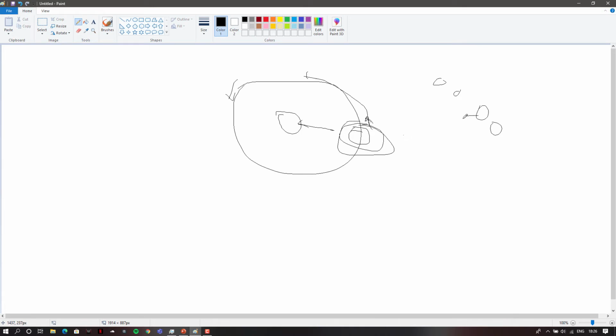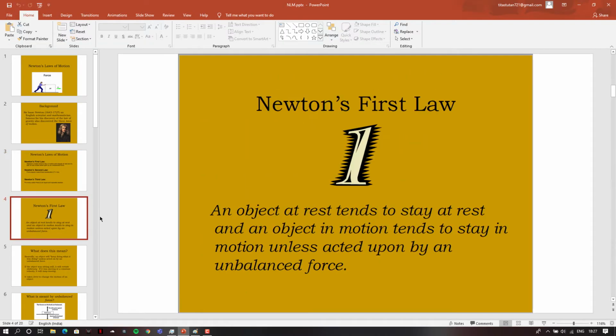Just imagine it comes in motion and enters the gravitational field, and then it will just go towards Earth. So what I'm trying to say is that an object which is in motion will always be in motion, no matter what, until and unless we apply an external force to stop it. This is Newton's first law of motion.